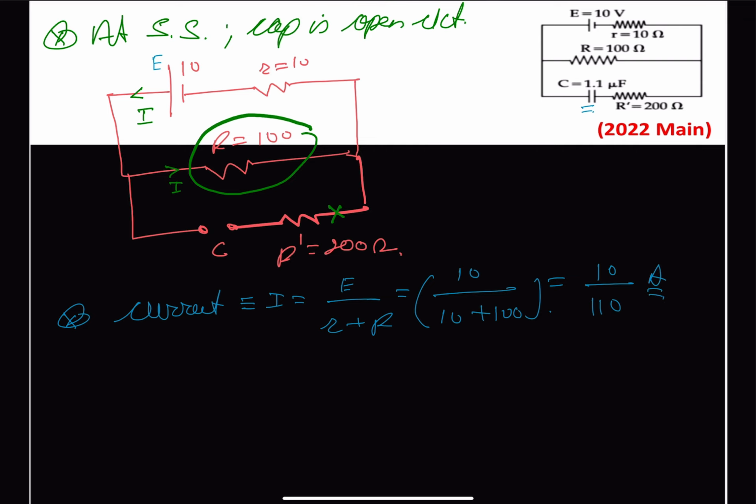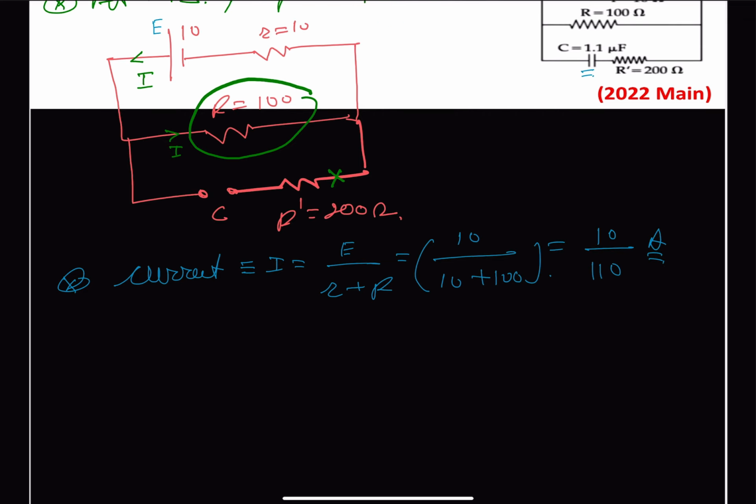So we can find out the potential drop at resistance R. Potential, we can say voltage drop at R is equal to 100 ohm.